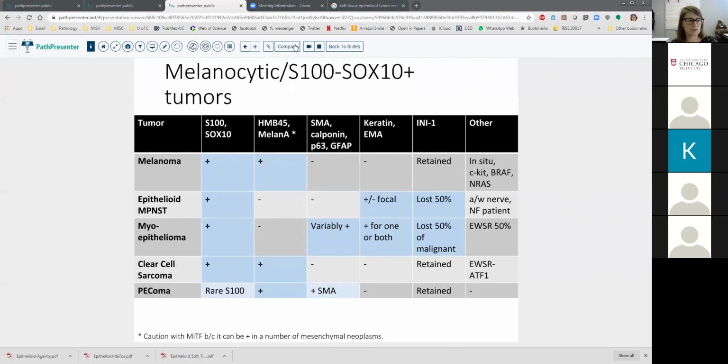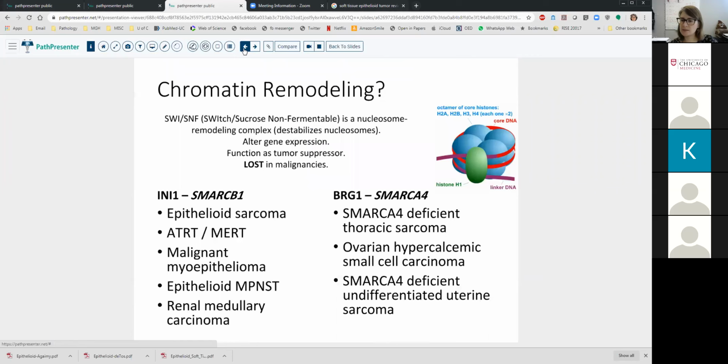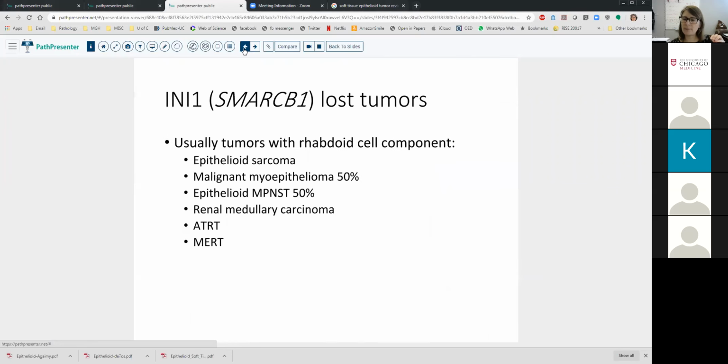Are there any other questions? I know we went a little bit quickly. I'll give you these tables, as well as my summary on the chromatin remodeling complex markers. Remember that we're starting to find loss of the chromatin remodeling complex genes in a number of things, even some thoracic carcinomas. Hypercalcemic carcinoma of the ovary, right?